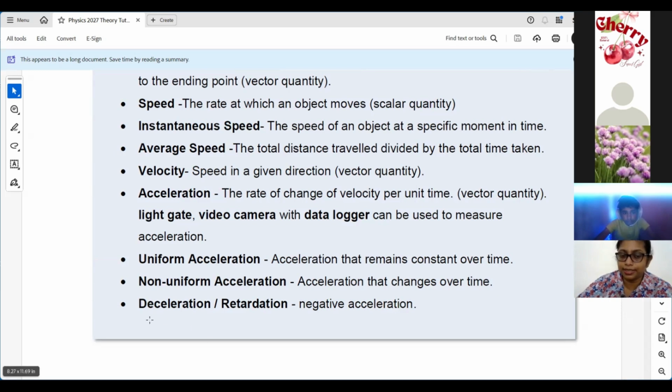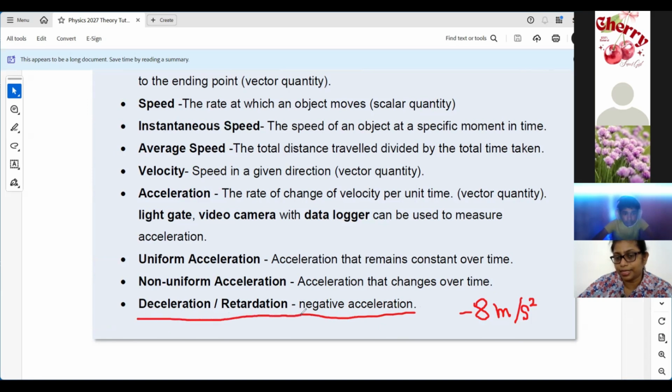Then the last point is deceleration or retardation. Now, for an example, if I write 8 meters per second squared, the value is 8, right? Acceleration. If we are writing -8, we call it deceleration. So the negative acceleration is called the deceleration. Retardation is the similar term.